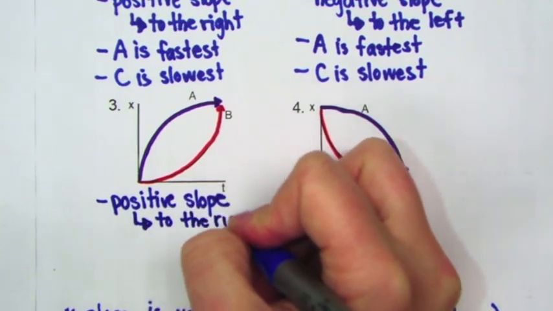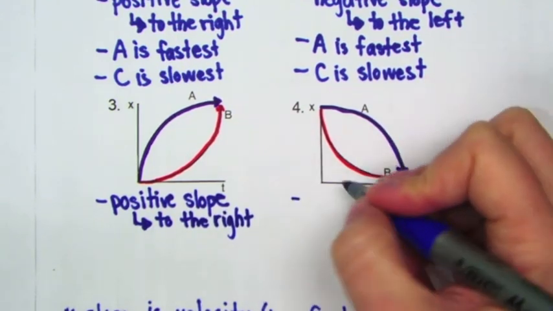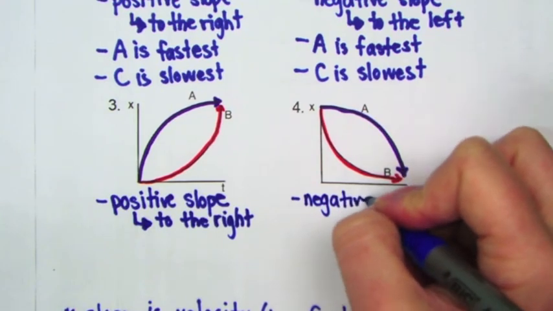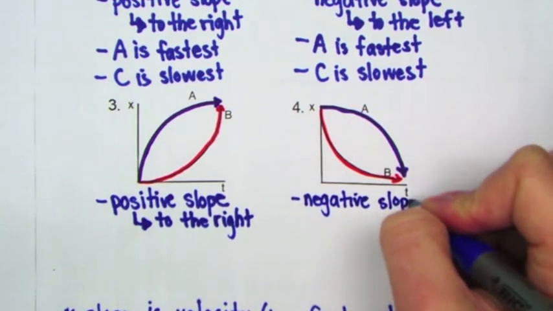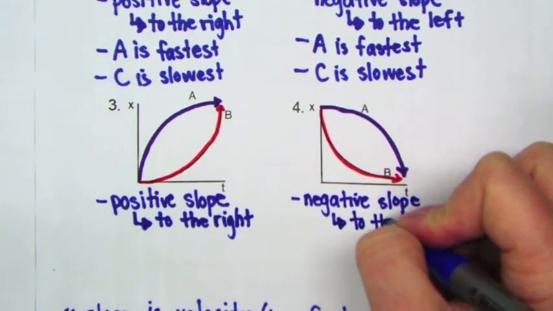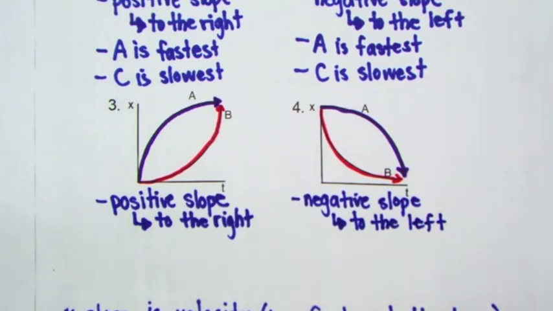That means line B, as you see, is going more vertical, meaning is speeding up. Remember, acceleration can be an increase in velocity, a decrease in velocity, or a change in direction.